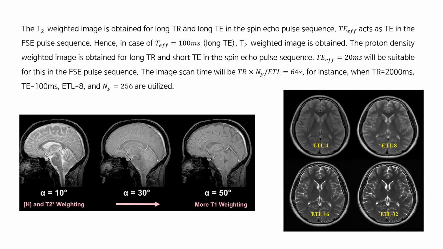The T2 weighted image is obtained for long TR and long TE in the spin echo pulse sequence. We already discussed this one. TE effective acts as TE in the FSE sequence.